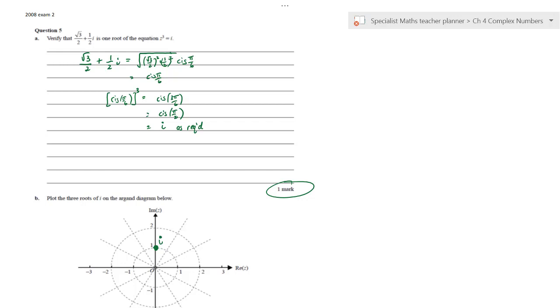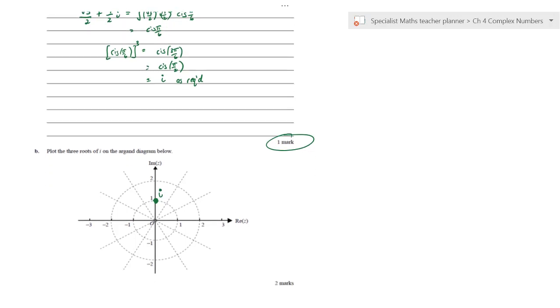We will spend more time on this next week, but given that fact, where are those going to be? If we've got 3 roots and we've got 360 degrees in a circle, they have to be separated by how many degrees? 120. Yeah, so I'm going to go around here and another 30 degrees there. There you go. That must be another root as well.